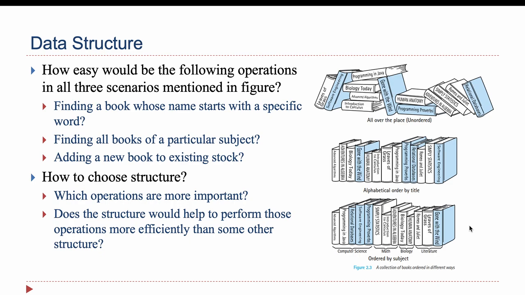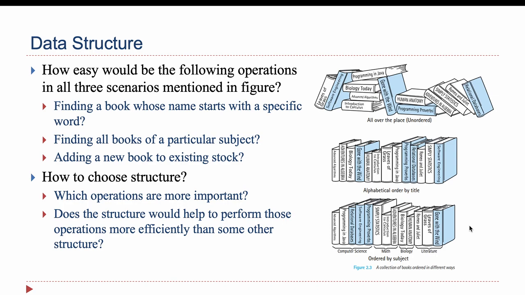Let's consider three scenarios. In the first scenario, we have an unordered list of books. This structure is simple to implement, but it can be slow and inefficient for searching operations. For example, finding a book whose name starts with a specific word would require us to look through the entire list, which could take a long time if we have a large collection of books.